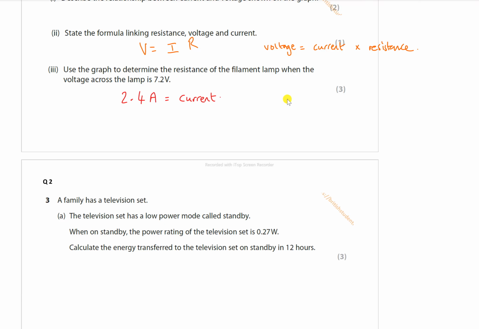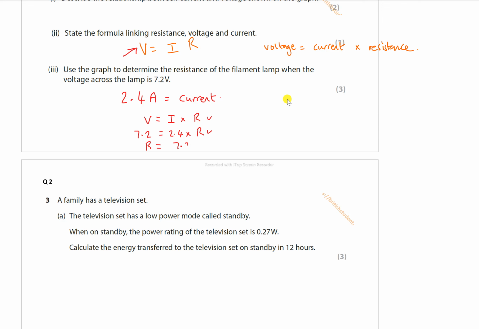Right, so now we're going to use this formula that they've given as a hint. Voltage equals I times R, current times resistance. We've got the voltage of 7.2 equals 2.4 times resistance. We rearrange this. So write it, just out of habit, write it like this, and then rearrange it.